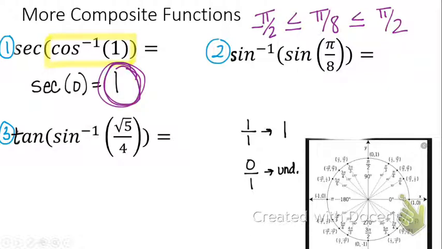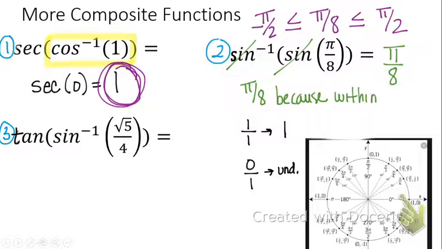So because it is, these just cancel out, and my answer is just pi over 8, because that's within the restriction. It has to fall within the restriction.